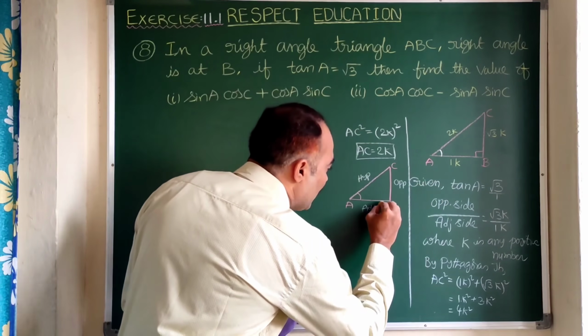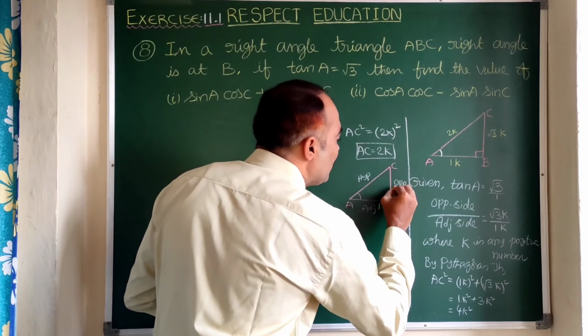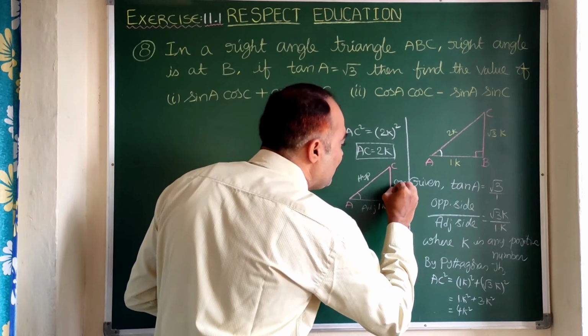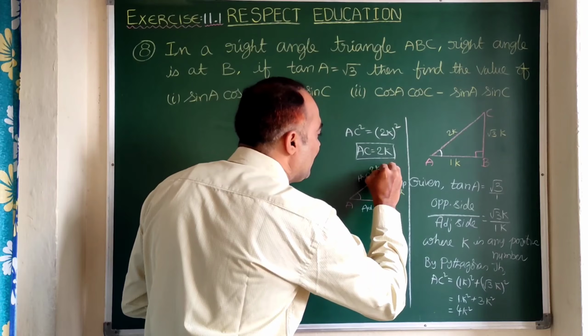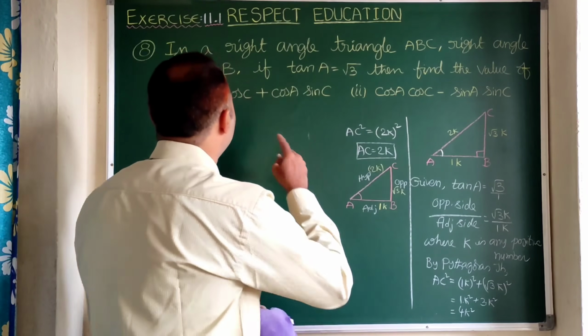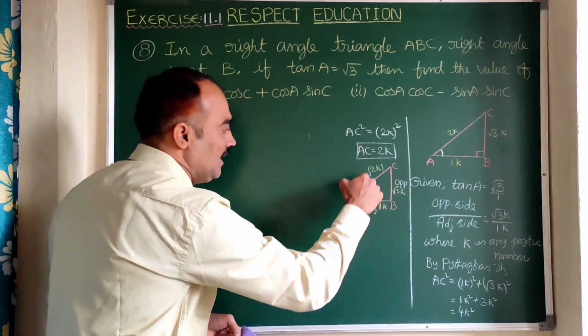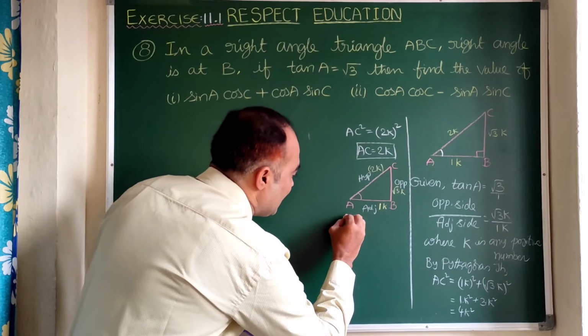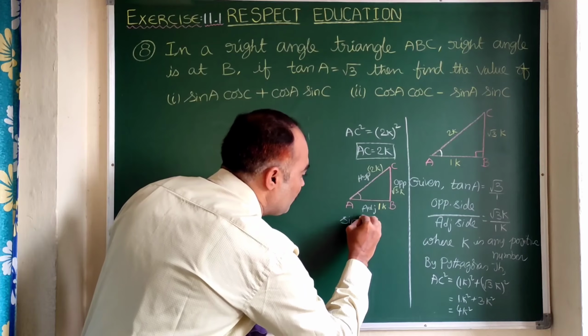This is 1k, this is root 3k, this is 2k. Now we need sin A and cos A.